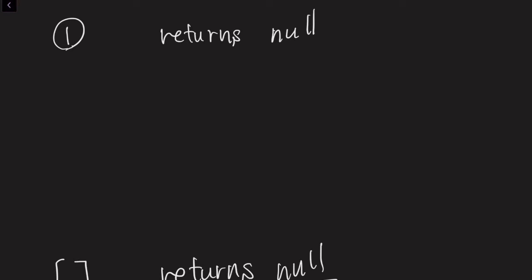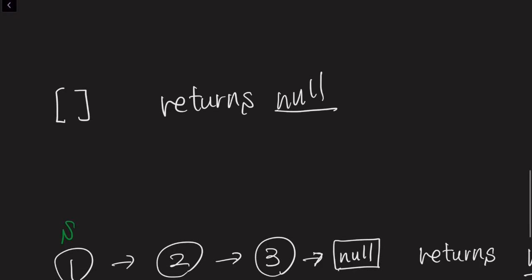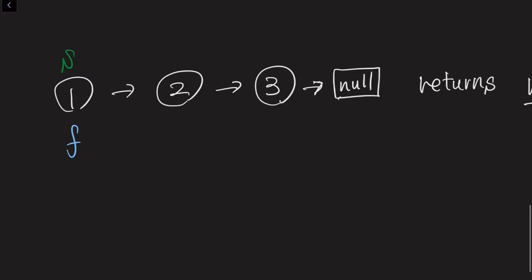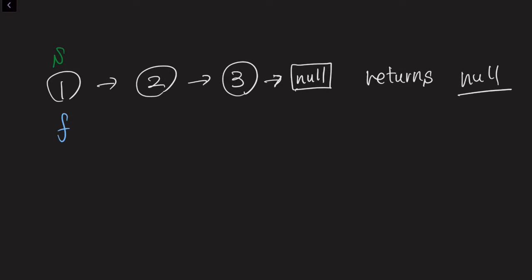If there's only one node, that means there's no cycle, so it will return null. If there's no element in the list, it will also return null because it can't have cycles. And lastly, if there's no cycle, then it will return null.